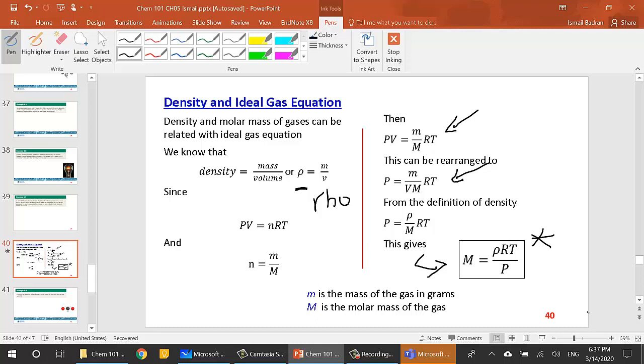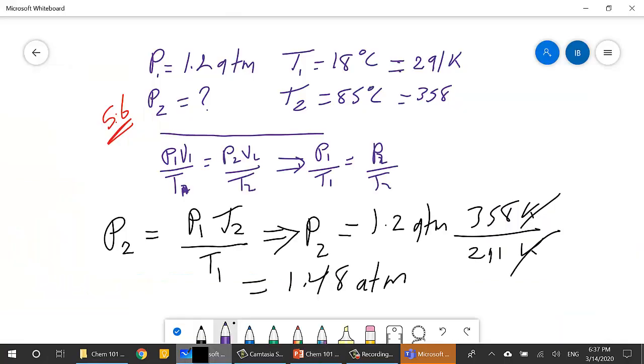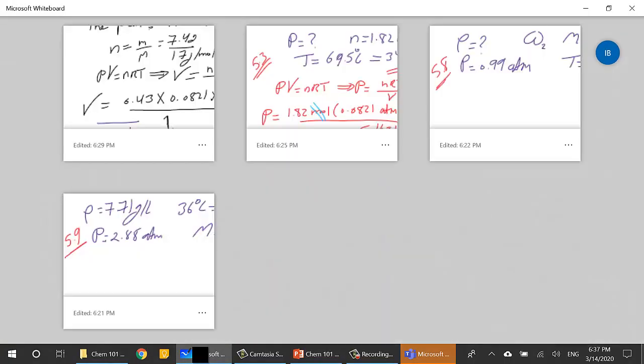So we have some questions here in the book to apply this. The first one is to calculate the density of carbon dioxide, CO2, in grams per liter at 0.9 atmosphere and 55 Celsius. This is question number 5.8.